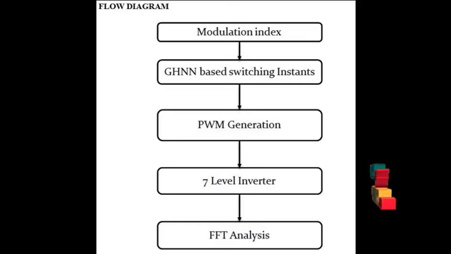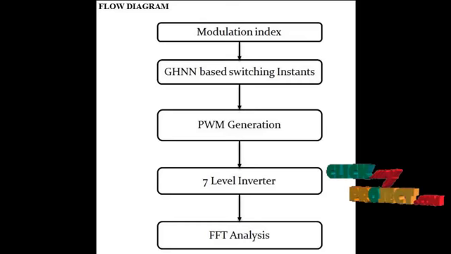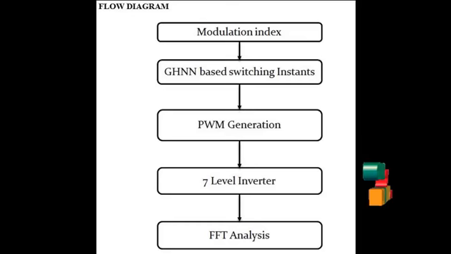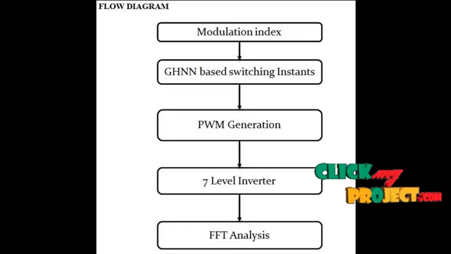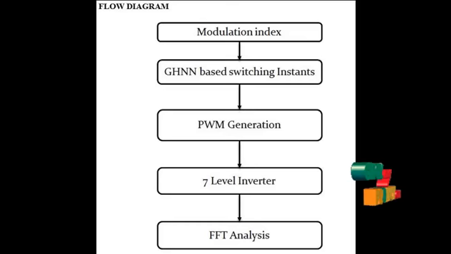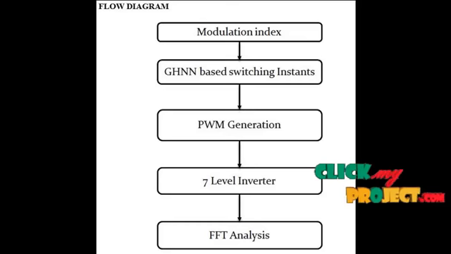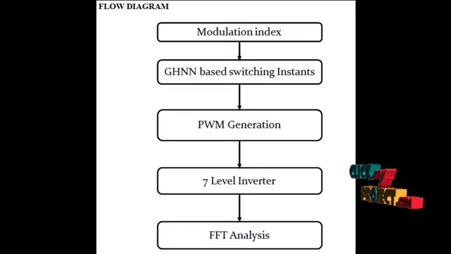Here we are using the 7-level inverter. The switching instance corresponds to the elimination of harmonics 5, 7, 11, 13, while keeping the fundamental component at a high value. 5 switching instances are needed. Depending upon this condition, the 5 switching instances are generated and given to the PWM generation block.